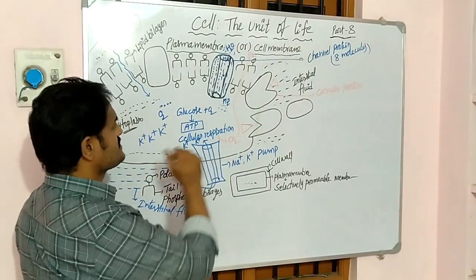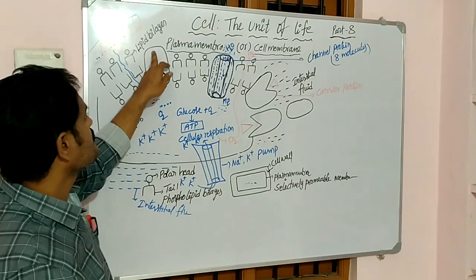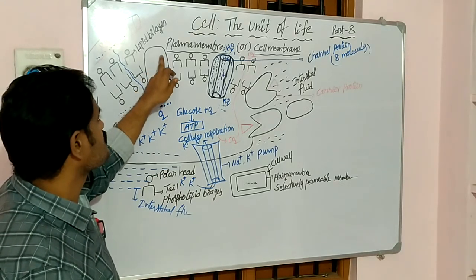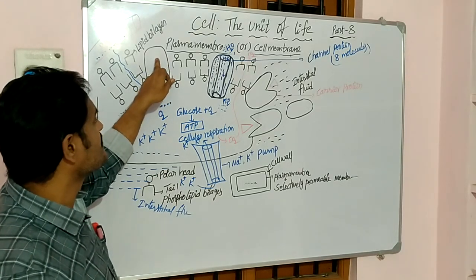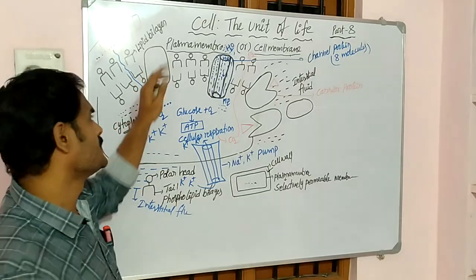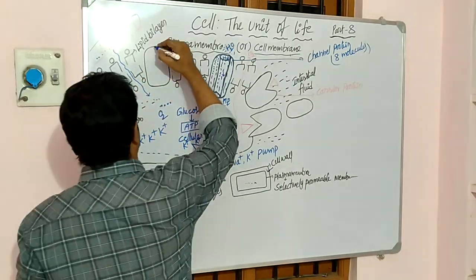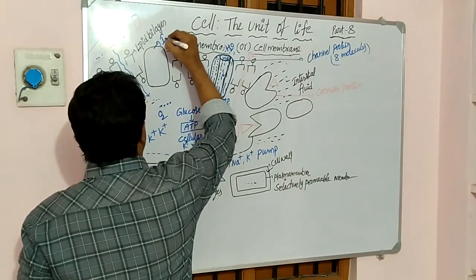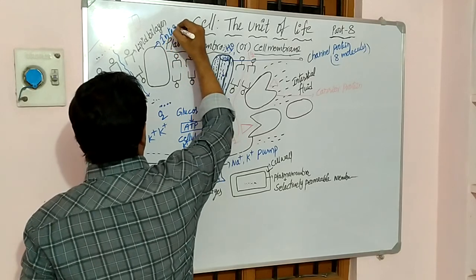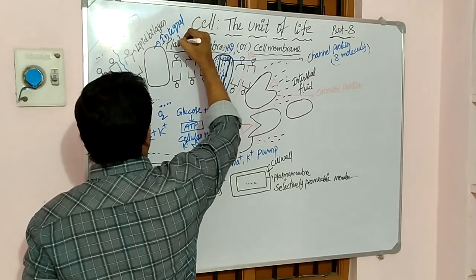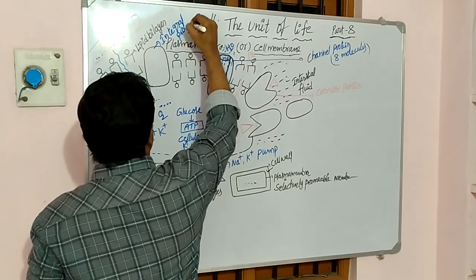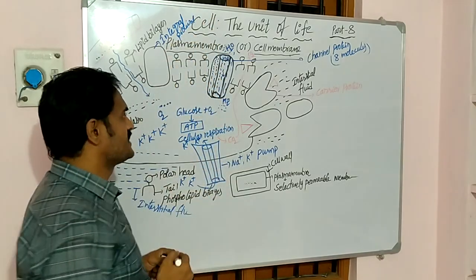So these are some proteins, and some other proteins are also present in between the plasma membrane. These are called integral proteins. Why are these called integral proteins?